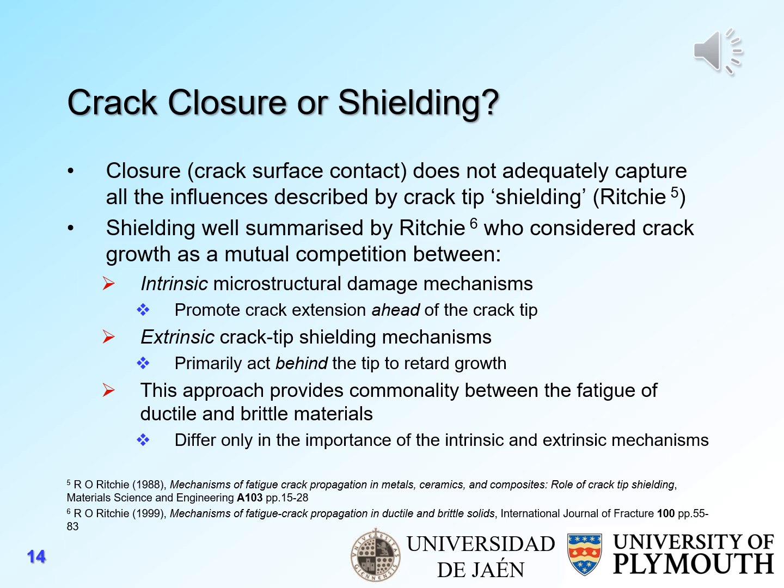And again, in another paper by Ritchie, shielding was well summarized, and he considered crack growth as a mutual competition between intrinsic microstructural damage mechanisms that promote crack extension ahead of the crack tip, and extrinsic crack tip shielding mechanisms which primarily act behind the crack tip to retard crack growth. And in his view, this approach provides commonality between the fatigue of ductile and brittle materials, which differ only in the importance of these intrinsic and extrinsic mechanisms.